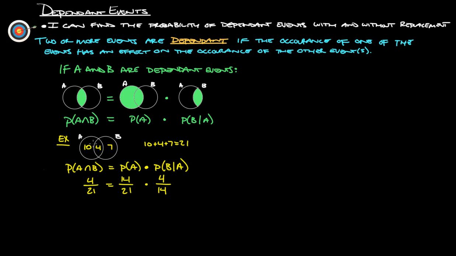Another way to find that is the probability of A, which is 14 out of the total 21, multiplied by the probability of B given that A has already happened. A is the only group we're choosing from, so that's the 14. Of these 14, 4 are also in B, so that's 4 out of 14. If you cross off, you end up with 4 out of 21, which is the same thing.